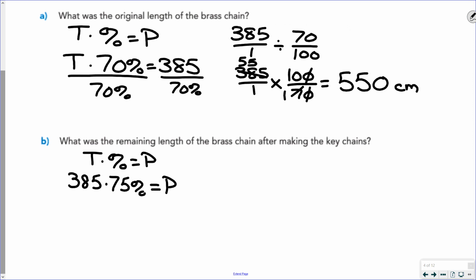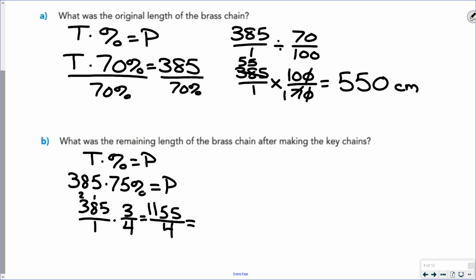Let's scroll this up a little bit so I have a little more room. So we know that 385 times, and we should know that 3/4 is the fractional equivalent to 75%. 3 times 5 is 15. 3 times 8 is 24, plus 1 is 25. 3 times 3 is 9, plus 2 is 11.